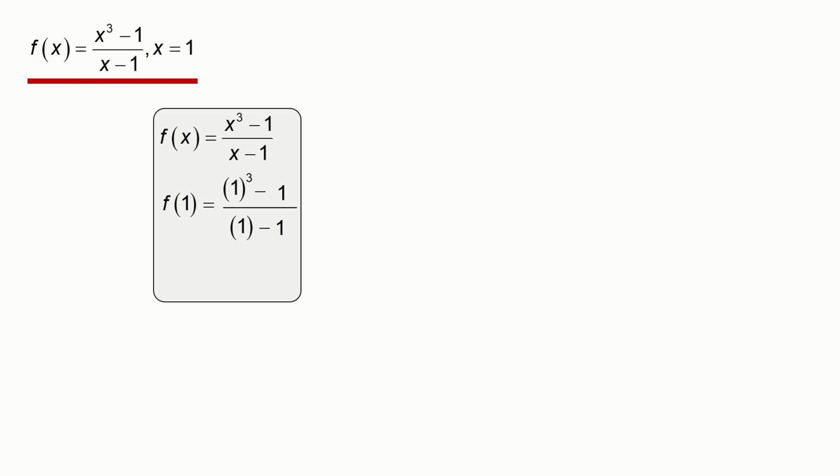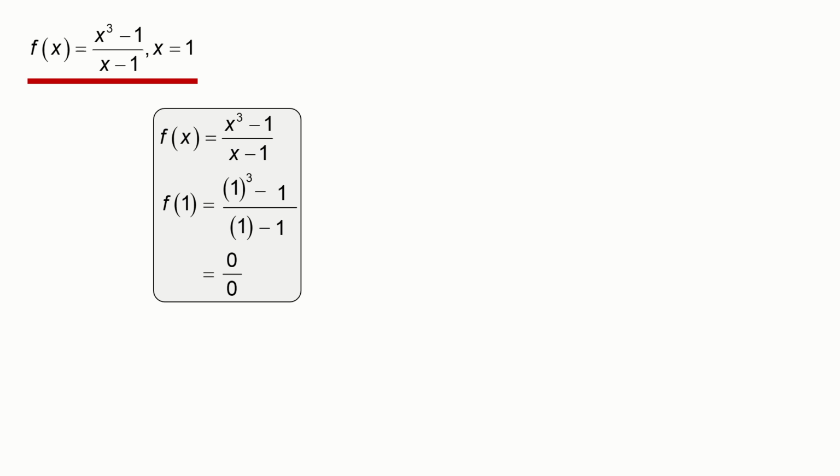Then simplify the numerator and the denominator. 1 cubed minus 1 is 0, over 1 minus 1 is also 0. Thus, the function is undefined at x equal to 1.